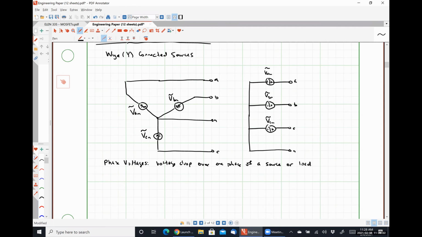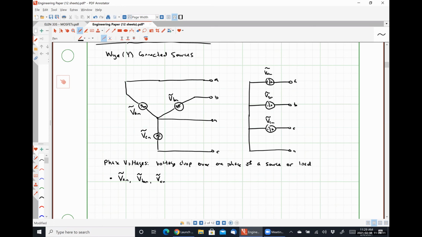So for this particular configuration, our Y-connected source, our phase voltages are VAN, VBN, and VCN. Should be obvious, it's the only thing that we've identified here, but VAN, VBN, and VCN represent the voltage drop over one phase of our source, so they are our phase voltages.